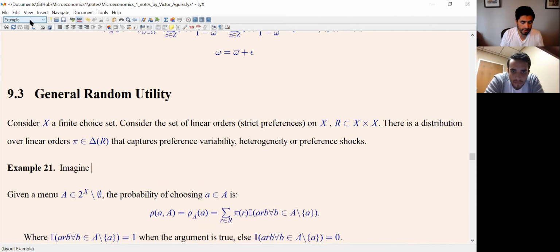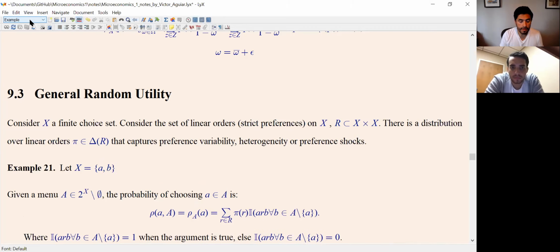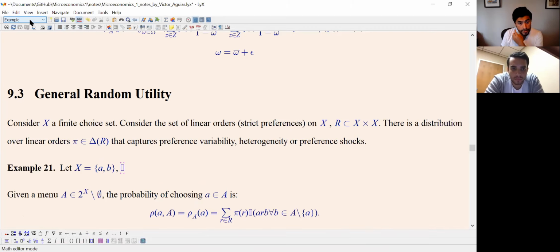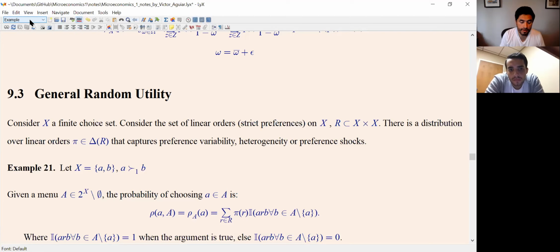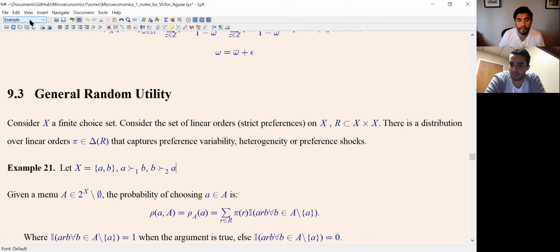Imagine my choice set, so let the choice set be {A, B}. Then what are the two possible linear orders or strict preferences here? Easy, right? Either A is better than B or B is better than A.